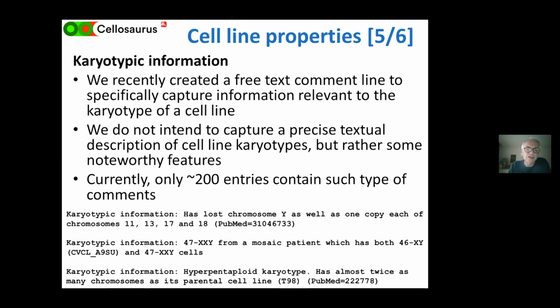It's to generally describe something almost interesting in terms of the karyotype, like if a cell line has lost chromosome Y, or like here, this is created from a patient who is mosaic for two types of cells, and there is a cell line for both types of cells for this mosaic patient. Or a cell line which has expanded in the number of chromosomes compared to its parental cell line.